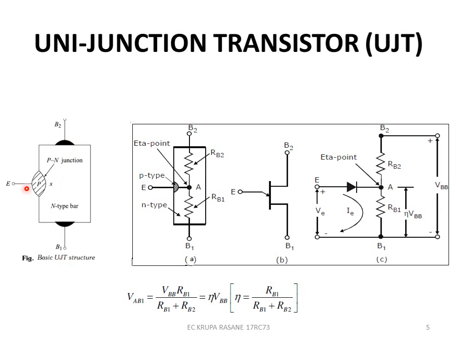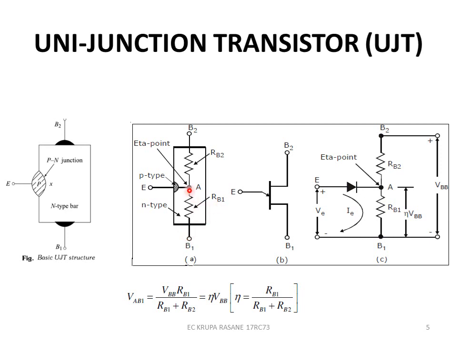So if you look inside, you can represent this N bar as nothing but two resistances, RB2 and RB1. The resistance that is connected to B2 we call RB2, and the resistance that is connected to B1 we call RB1.